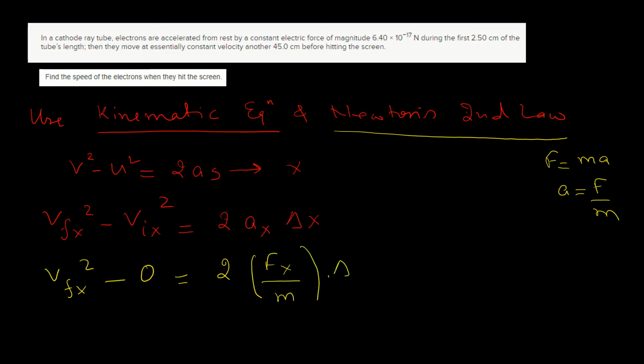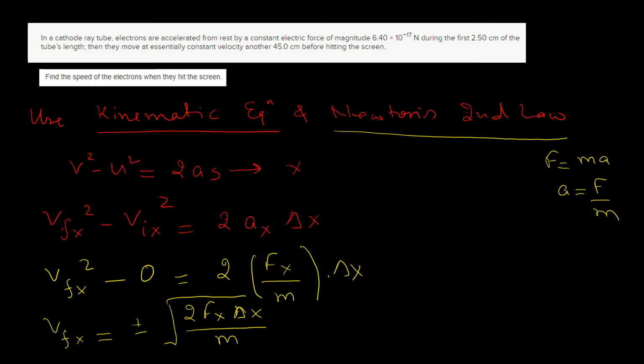So v_fx is equal to plus minus the square root of 2 F_x delta x divided by m. This is going to be our equation.